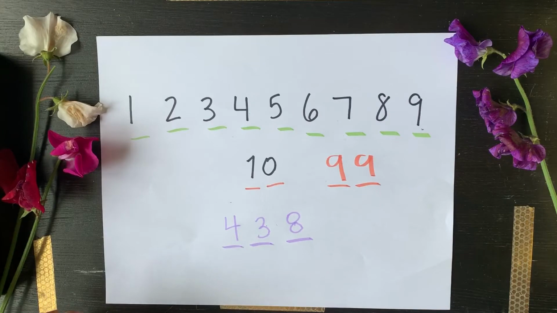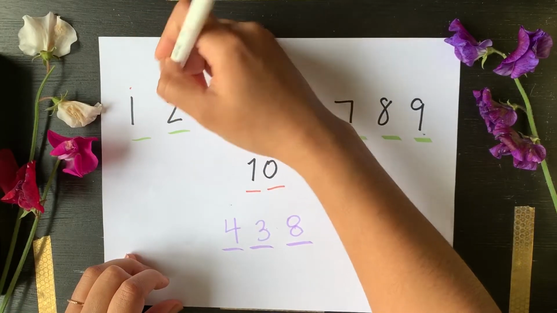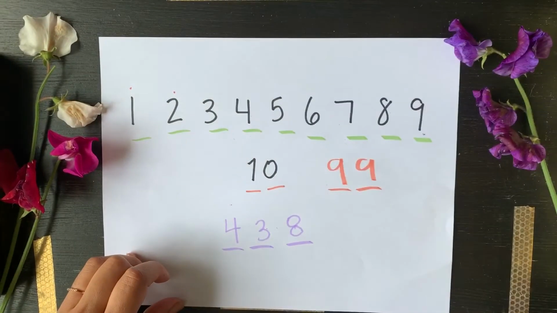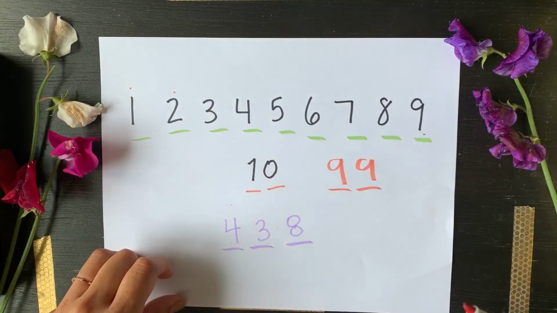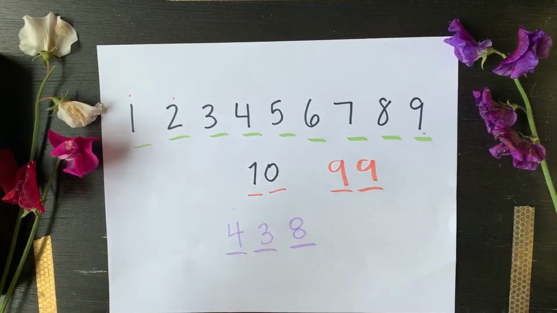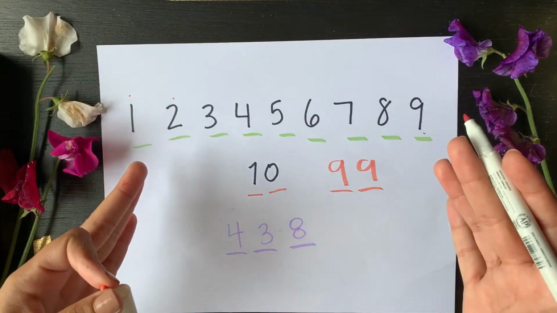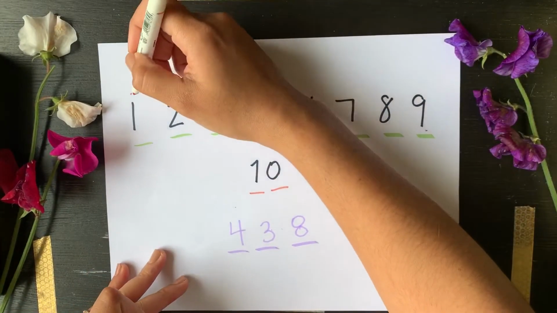The second thing I want you to notice about the decimal system is that there are 10 digits. There's the digit 1, 2, 3, 4, 5, 6, 7, 8, 9, and then 0 is the other symbol that we use. We have an infinite number of numbers that we can represent, but we really only use these 10 symbols to represent them.